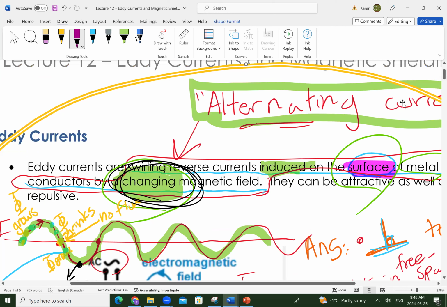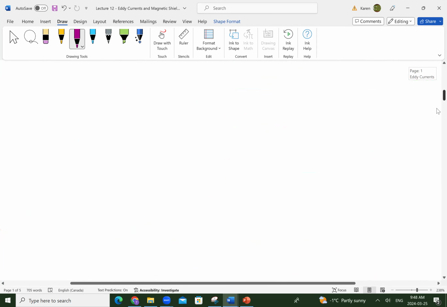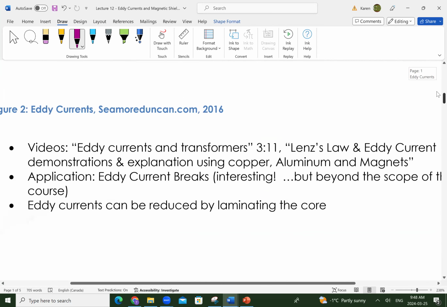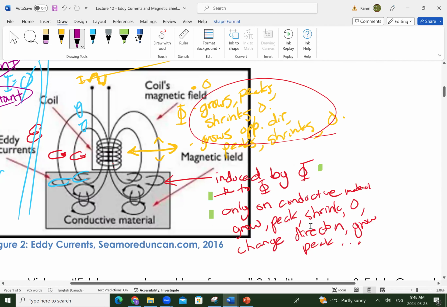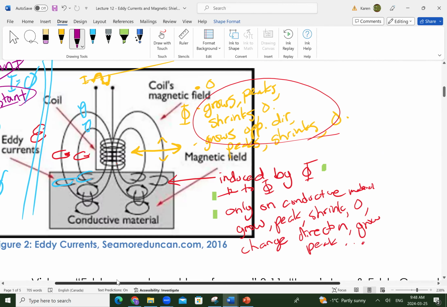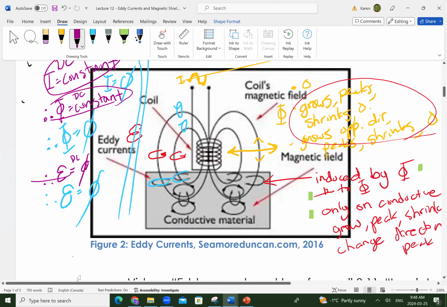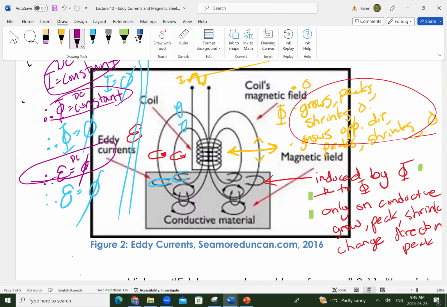So eddy currents are a problem with AC circuits, not DC circuits. And that is very important to remember. This is a DC case.